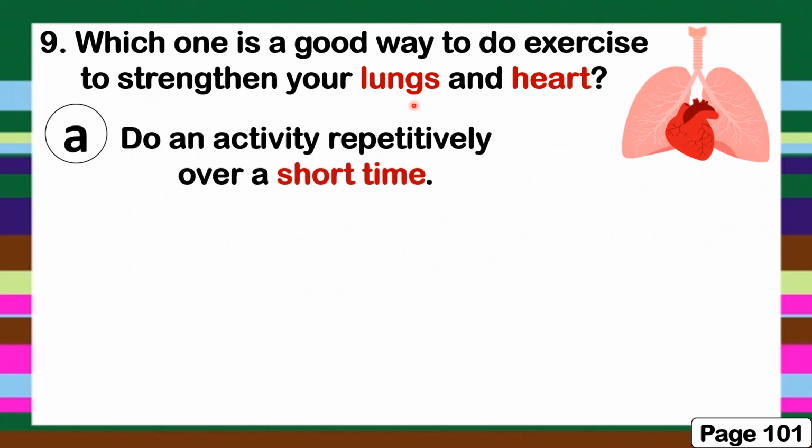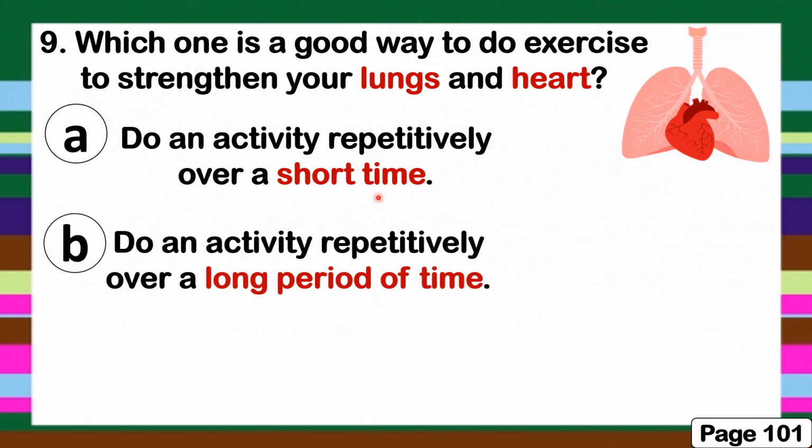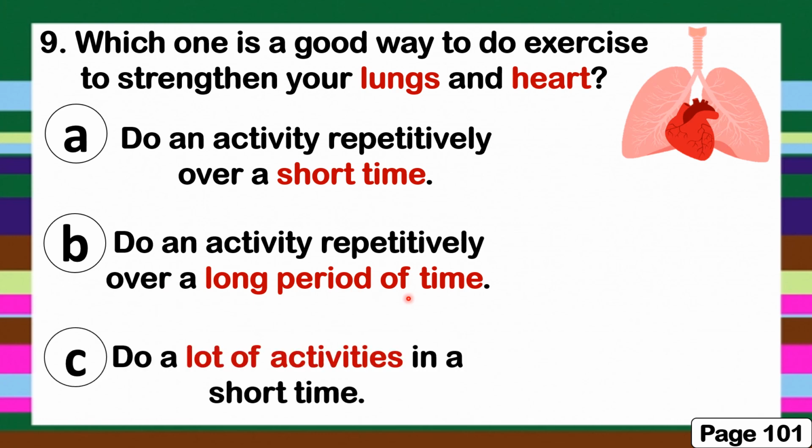Letter A, do an activity repetitively over a short time. Letter B, do an activity repetitively over a long period of time. Or letter C, do a lot of activities in a short time.